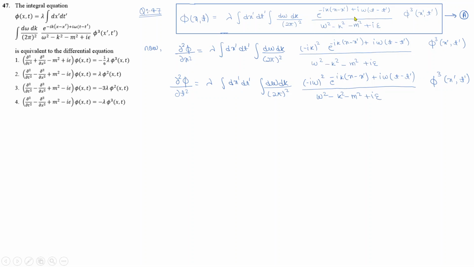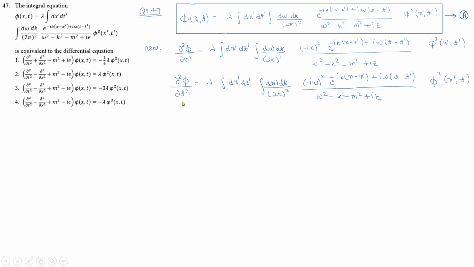There is no other x from here, so we will just get minus iota k square, and all the other things will be similar. Now also remember, I cannot pull this k term out of this integral because it is the dependent variable with respect to which the integration is happening.